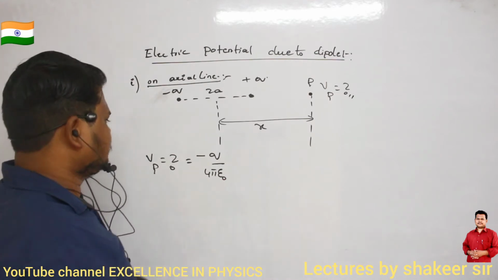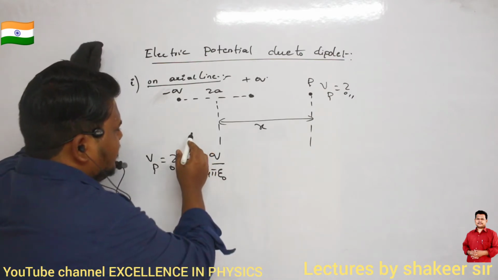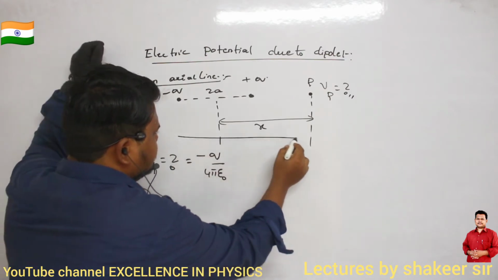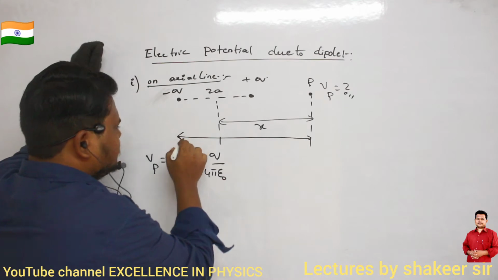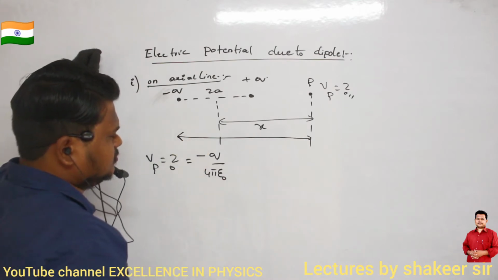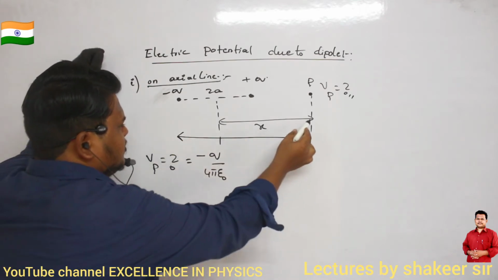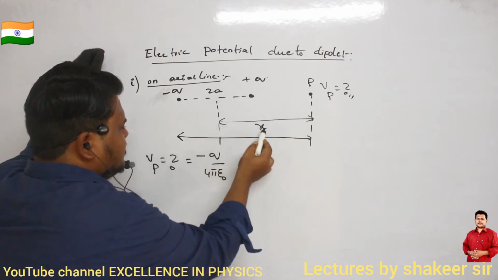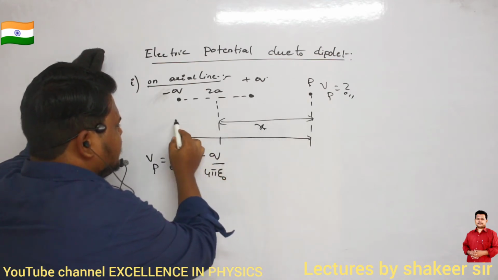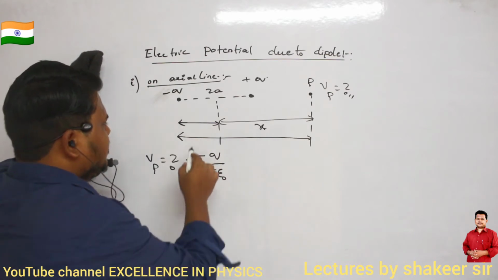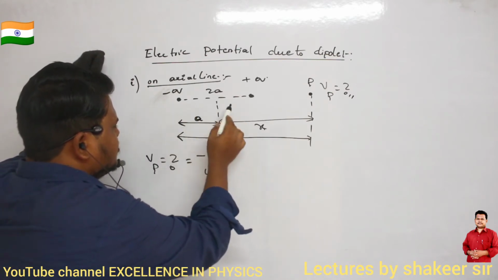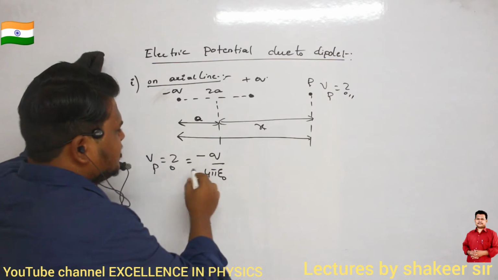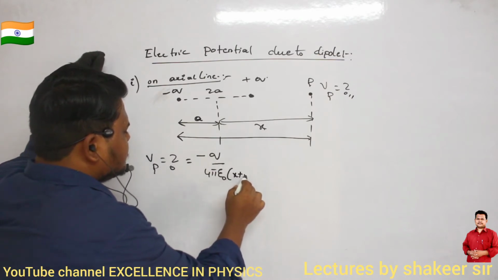This is the total distance. From here up to this point it is x. From here to here, total distance is 2a, so this distance will be a. So total R value will be x plus a.